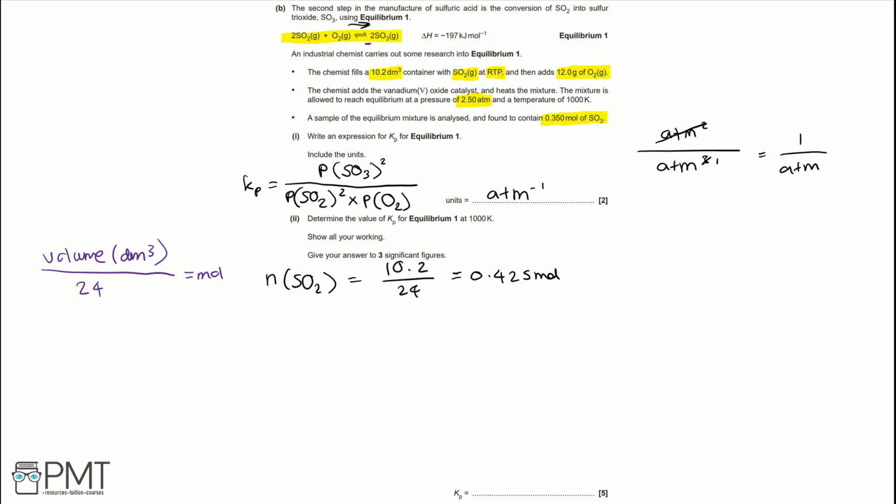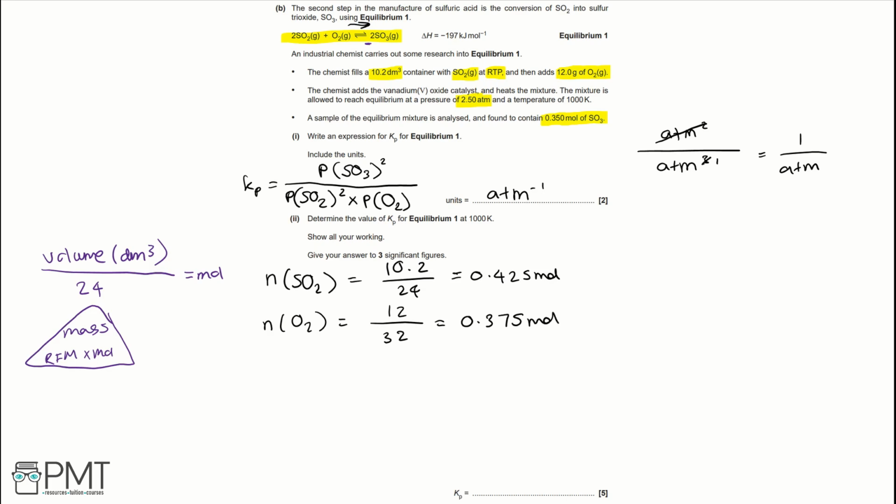Then we're going to use the equation triangle of mass divided by relative formula mass multiplied by moles, to work out the moles of oxygen. So the moles of oxygen will be 12 divided by 32. 32 is the relative formula mass of O2.